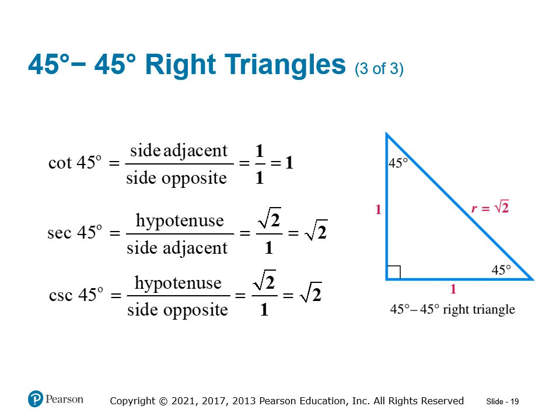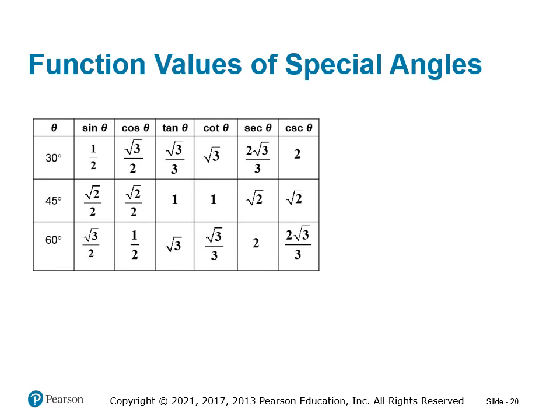Okay? So a lot of students will commit this to memory, memorizing what happens at 30, 45, and 60 degrees. And this is really important because, again, we're going to look at how these angles appear in the other quadrants, quadrant 2, 3, and 4, etc., and how we can use these measures.